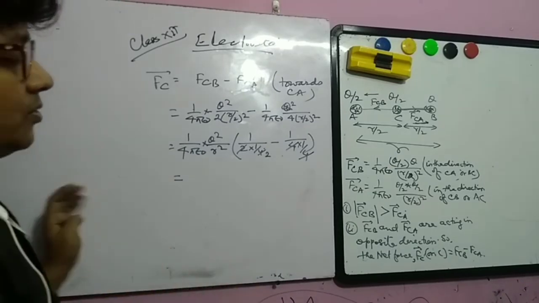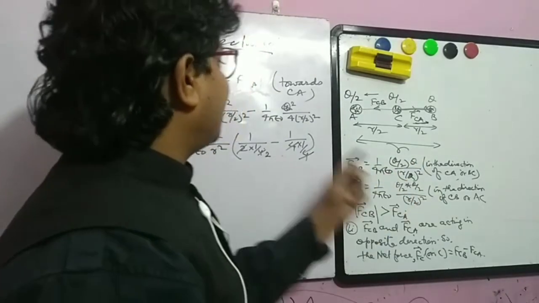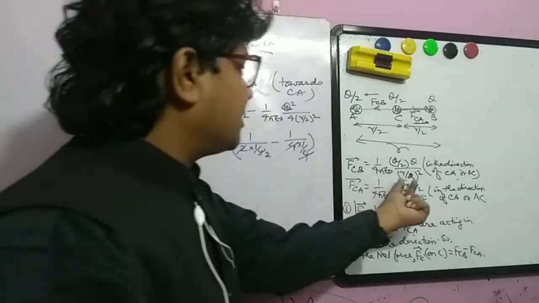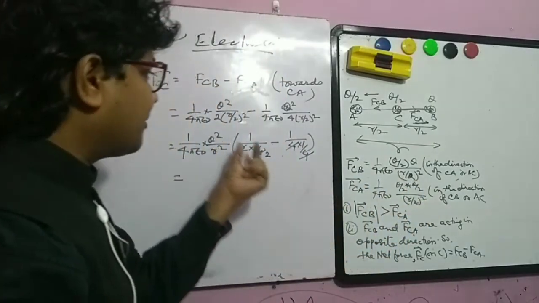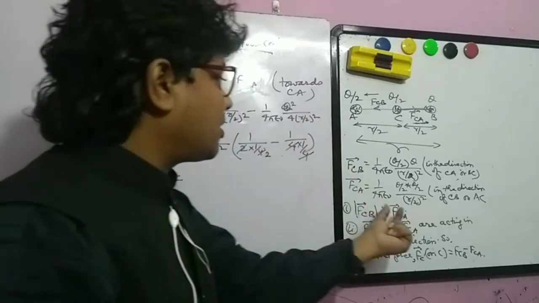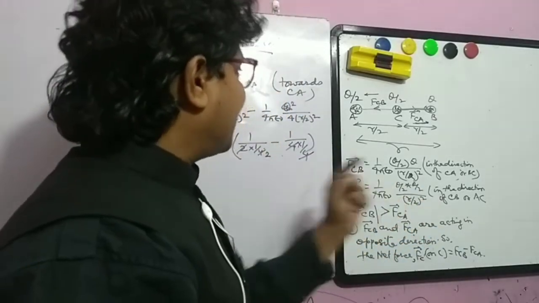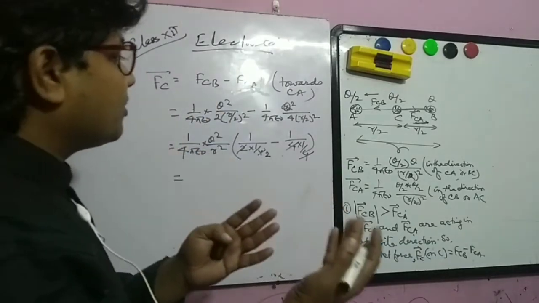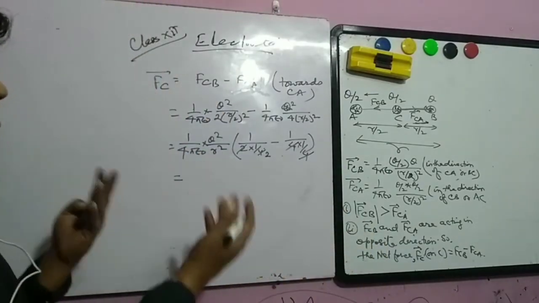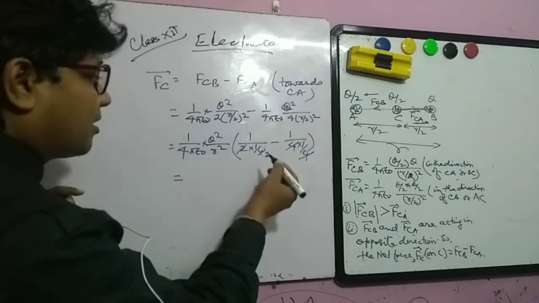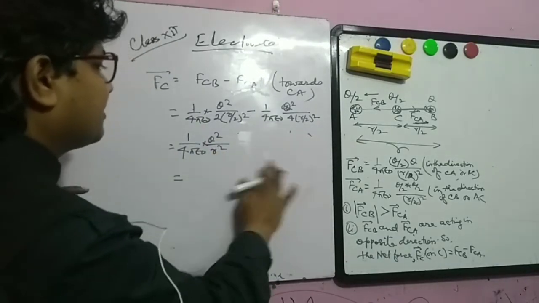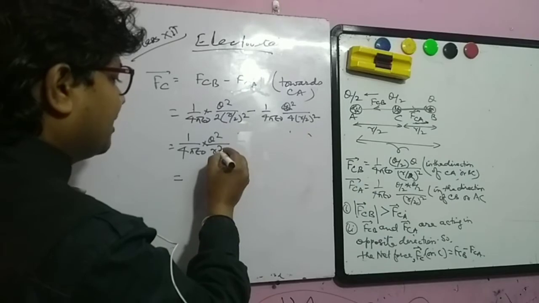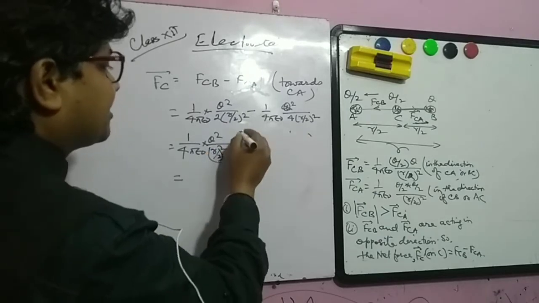Okay, now q multiplied by q by 2 here, so this will be q square by 2 over r by 2 whole square, and this is q square by 4 over r by 2 whole square. So we can take q square by r by 2 whole square common.